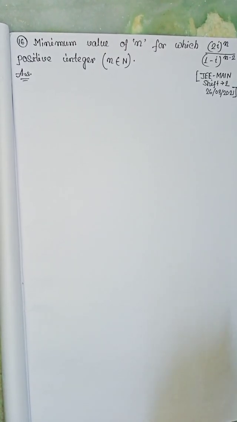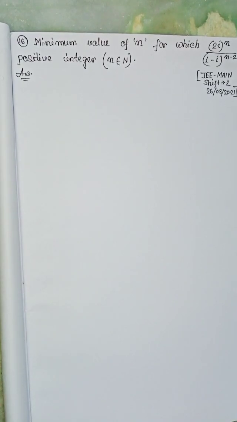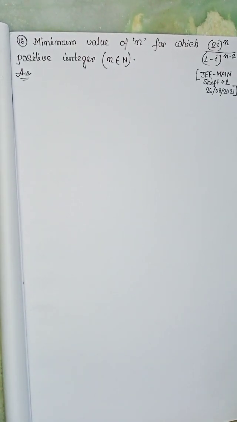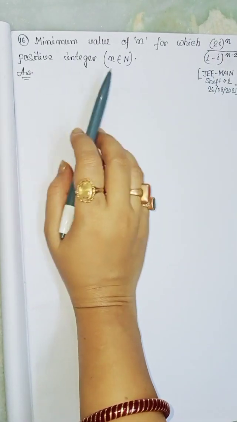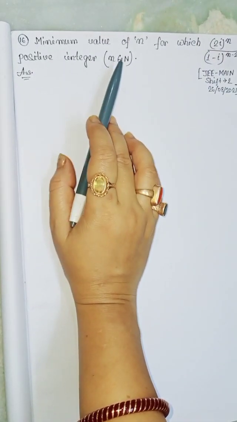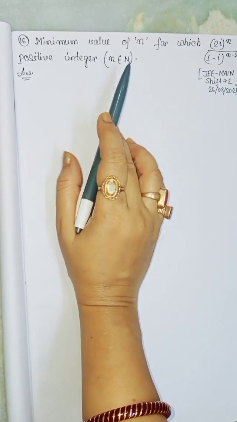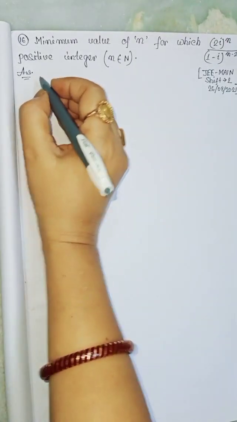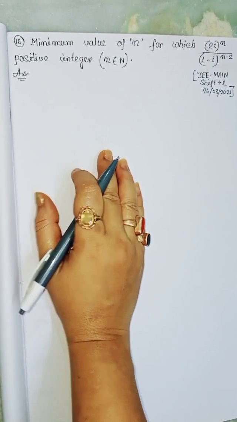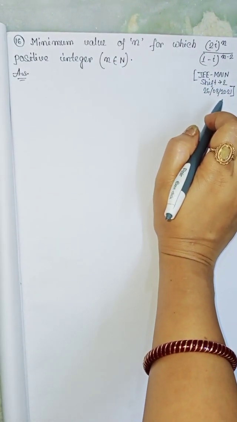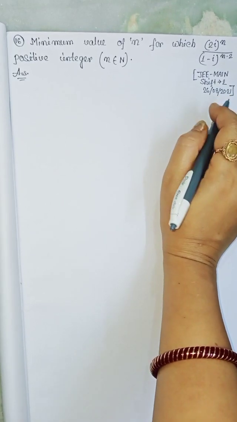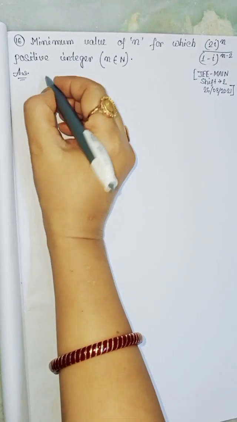We should calculate the minimum value of n for which this number is positive, and n is a natural number, n belongs to capital N. So this is the question in the house of maximum minimum, and it is a JEE Main Shift 2, 26th of August 2021 question.